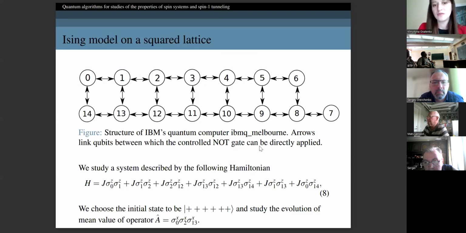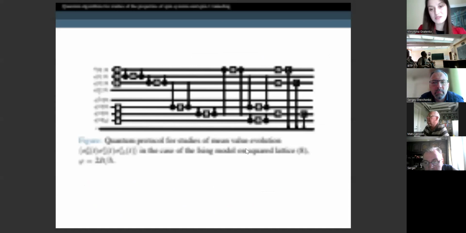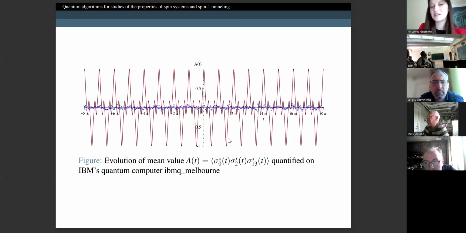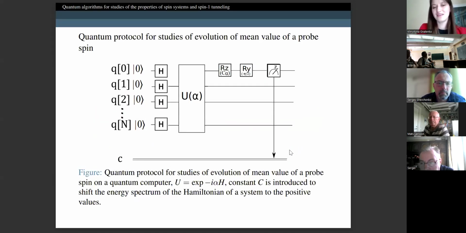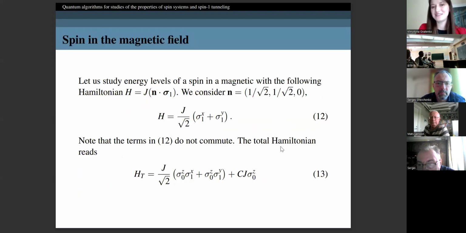We considered also IBM Q Melbourne. Nowadays, we also make calculations on real quantum devices, and I use Rigetti quantum devices. We also use IBM's quantum devices, but in a more complicated way. So that's the answer. Thank you.